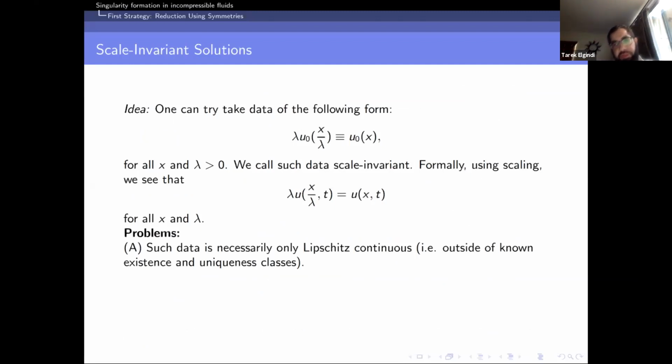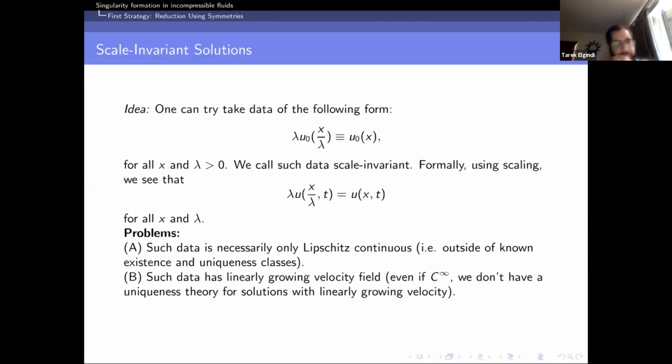First of all, the data would only be Lipschitz continuous unless you have just a linear function, which is not very interesting to study. The second issue is that you have linear growth at infinity of the velocity field, and even if you have smooth data, if you have linear growth at infinity, there's no general existence and uniqueness theory to cover all such data, as far as I know.